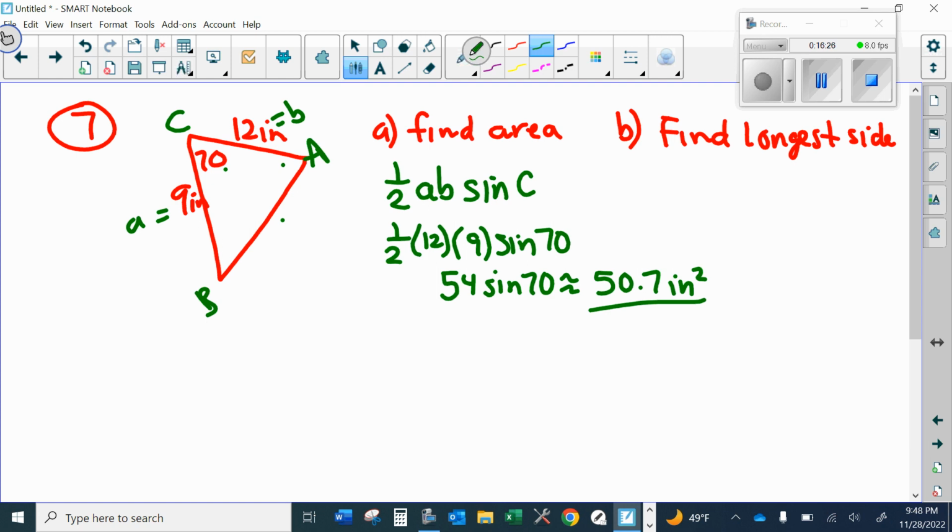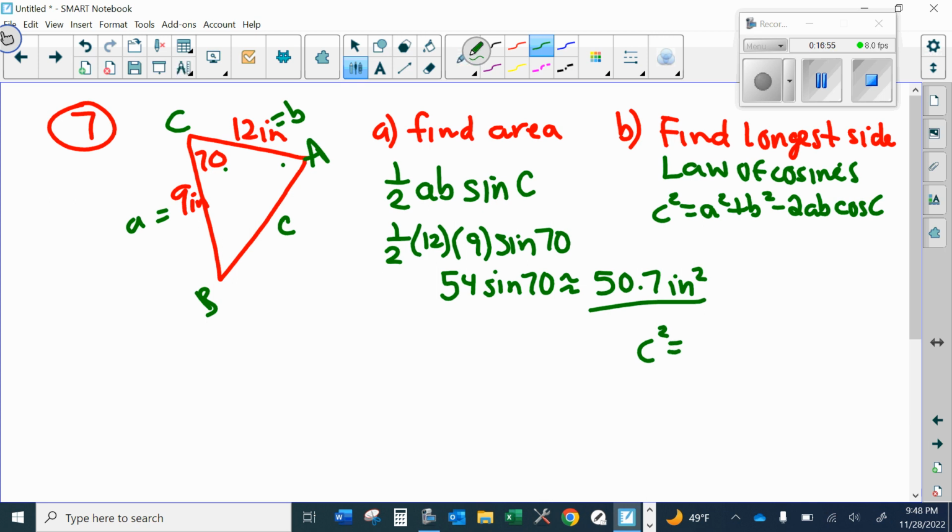So it's going to be law of cosines. Okay. So I'm trying to find C. So C squared equals A squared plus B squared minus 2AB cosine C.